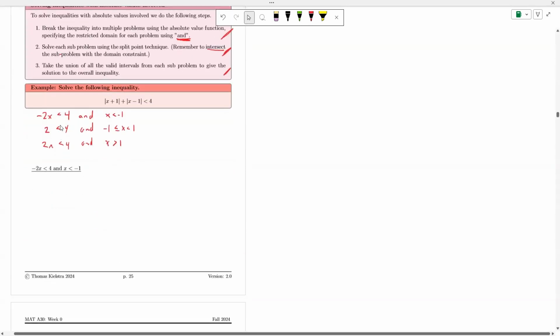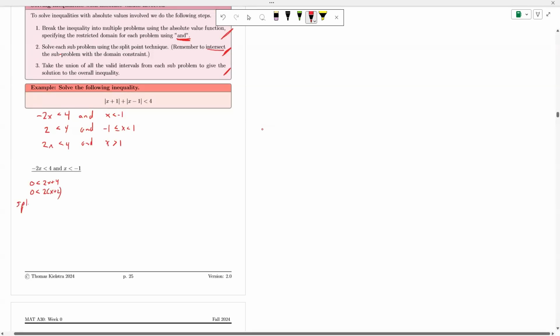Well, let's look at our first example. -2x is less than 4 and x is less than -1. Here, I have to solve the inequality and the domain interval. Now, I will get 0 is less than 2x plus 4, or 0 is less than 2x + 4.